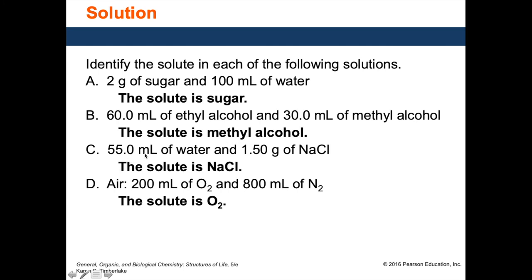Over here we have 55 milliliters of water, which is equivalent to 55 grams, and only 1.5 grams of sodium chloride, so that must be the solute. And in air we have 4 times as much nitrogen as oxygen, so the solute must be oxygen. By the way, we've only identified the solute in each of these examples. Since each of these mixtures has only 2 things, the thing that's not the solute is the solvent.